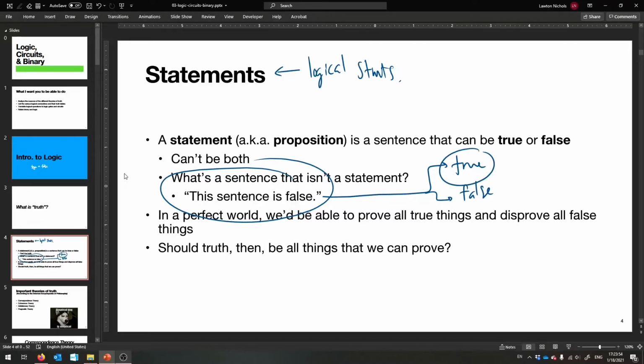Well, if this thing that you're telling me is true, that means this sentence was actually false. Okay? So assuming you told me the truth, I have to conclude that you were really telling me a lie. Okay, I hope you see that. It's a weird twist, but it does make sense.